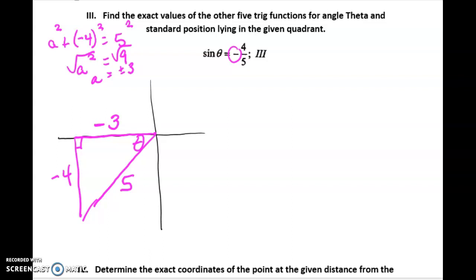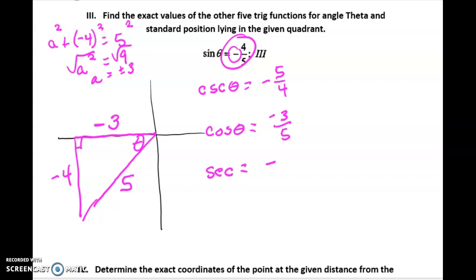Okay, now we're supposed to find the other 5. We have sine, so let's find cosecant, which is just the reverse of that. So negative 5/4. Cosine of theta, cosine is the adjacent leg over the hypotenuse, negative 3/5. And secant is the reciprocal, so negative 5/3.